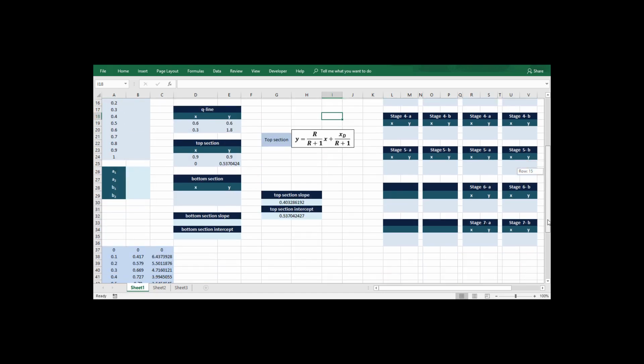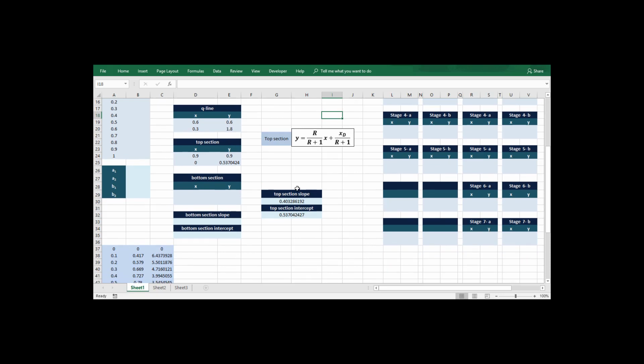After that, I will proceed to the bottom section. The initial x and y will be equal to the composition in the bottoms, xW.